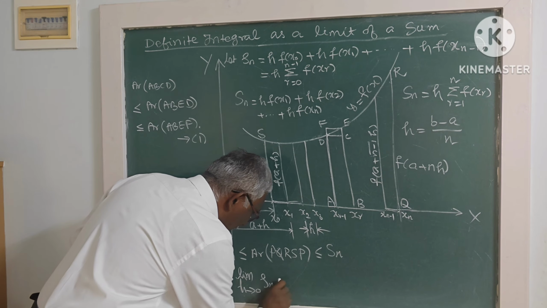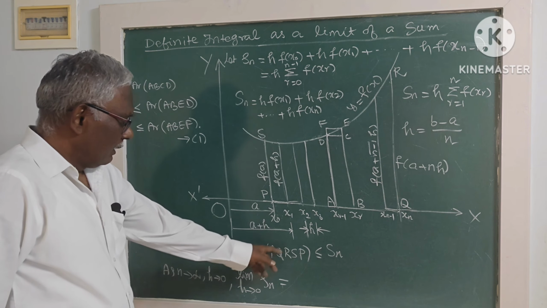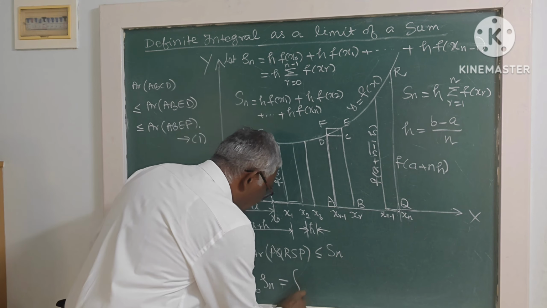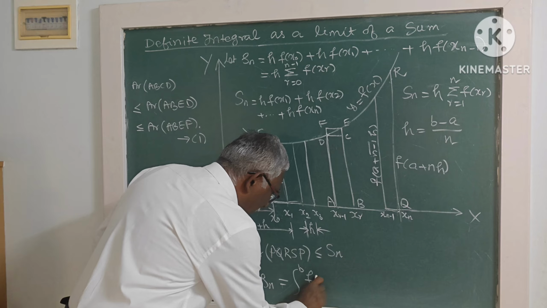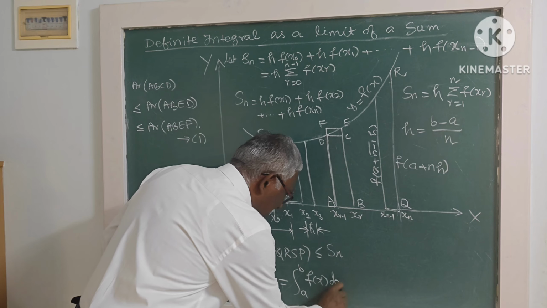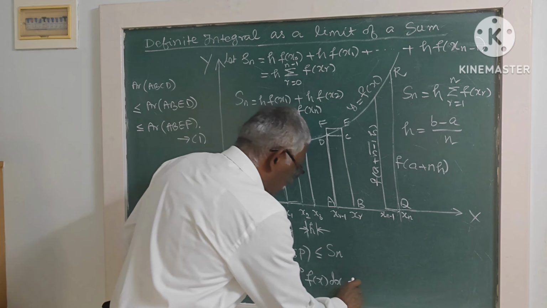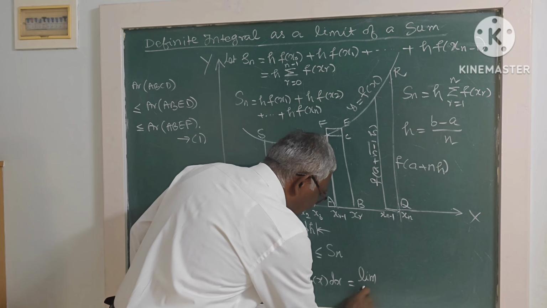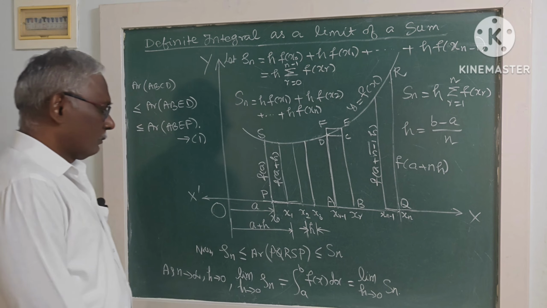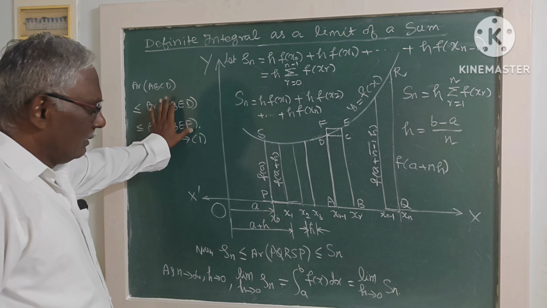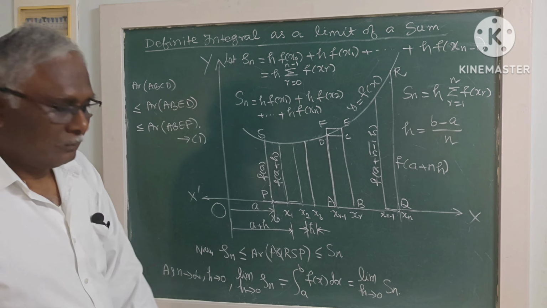This becomes the integral from a to b of f of x dx, taking the limit as h tends to 0 of sn, by taking this inequality 1.